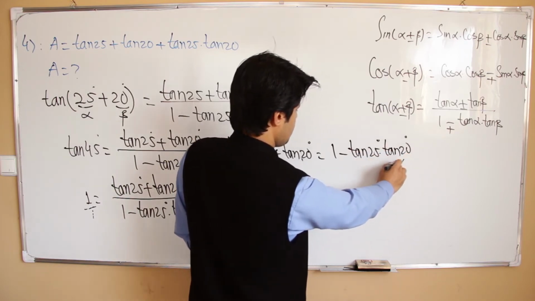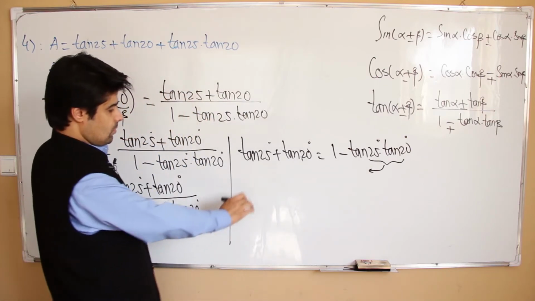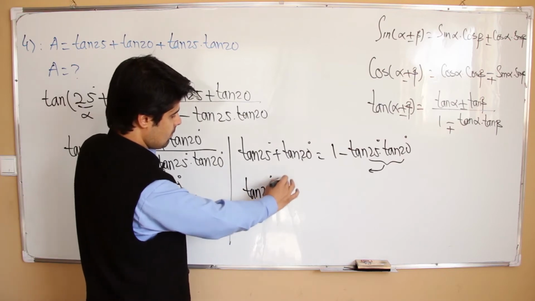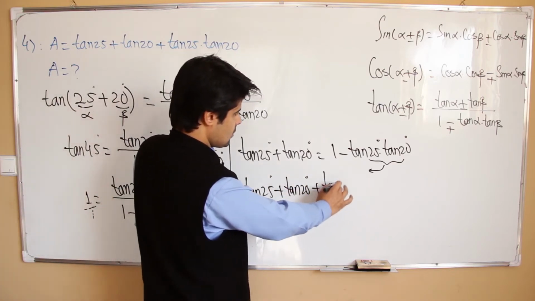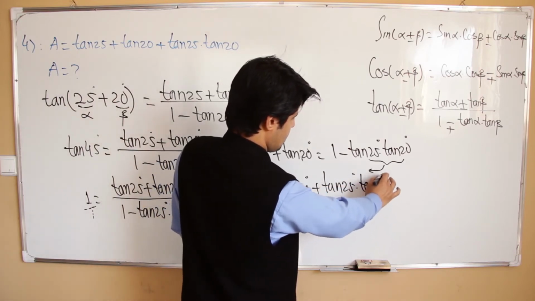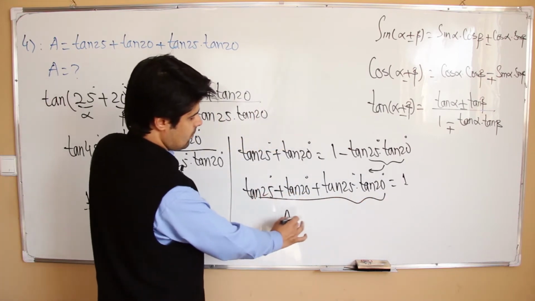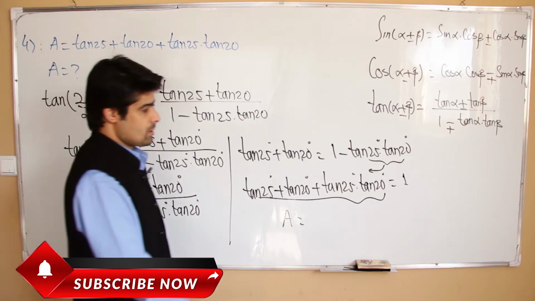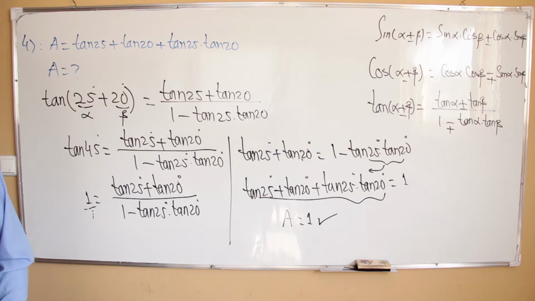If I put this one in the left side, so what do you think? It is tangent 25 degree plus tangent 20 degree plus tangent 25 degree times tangent 20 degree is equal to 1. Now this one is A. Am I right? Yes. A is what? 1. Write it please.